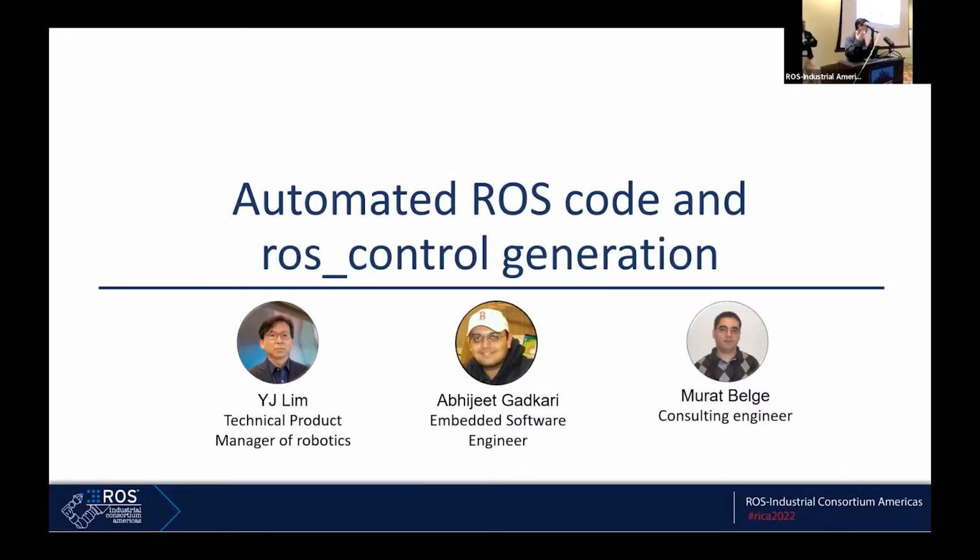So the initial idea was, why don't we reuse Simulink Coder by generating the ROS controller automatically? Then that controller becomes one of the ROS packages that everybody can use. So that's probably the main topic today.